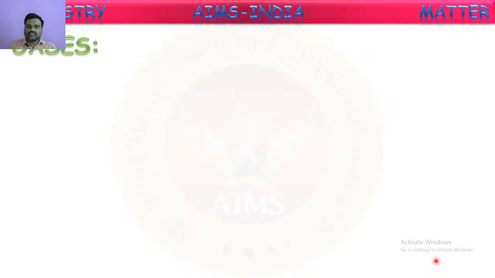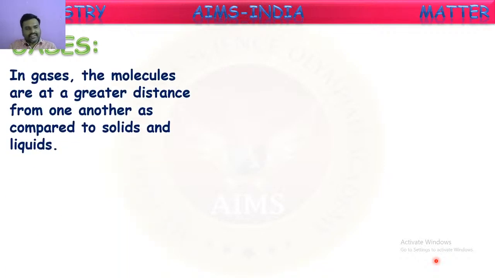Next, the third state of matter, you can say, is gases. In gases, the molecules are at a greater distance from one another as compared to solids and liquids. As we said, in solids and liquids, molecules are bound to one another. In solids, the binding is very tight. In liquids, they are loosely packed. But in case of gases, there is no binding. There is no friendship at all.